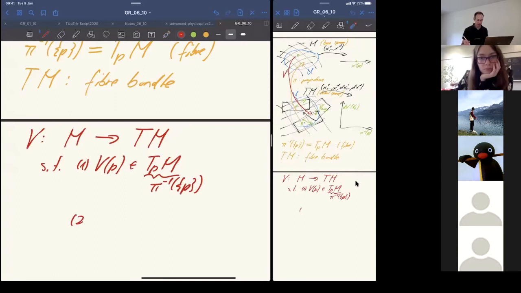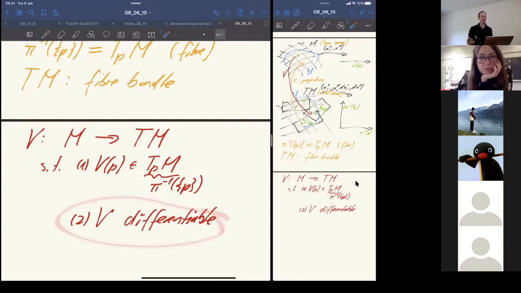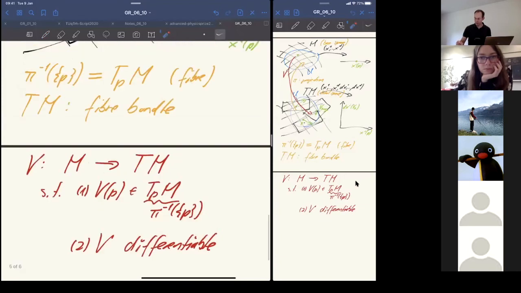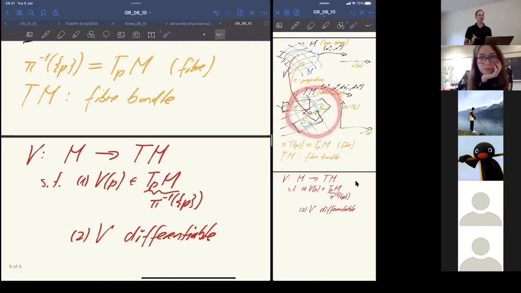The second requirement, and that's important for us, is that V is differentiable. And actually, this second thing, which sounds very innocent, was the reason why we had to equip TM with a differentiable structure.